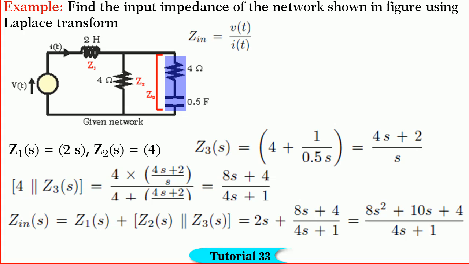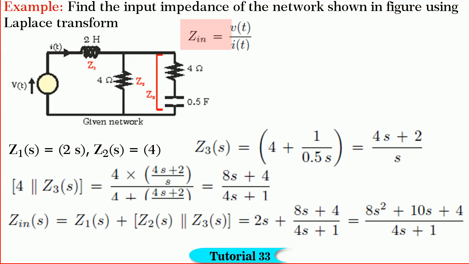Let Z3 be equal to 4 ohm plus 0.5 farad. Next, 4 ohm is in the other branch. Let Z2 be equal to 4 ohm. These two parallel branch equivalent is in series with 2 henries. Let Z1 be equal to 2 henries.